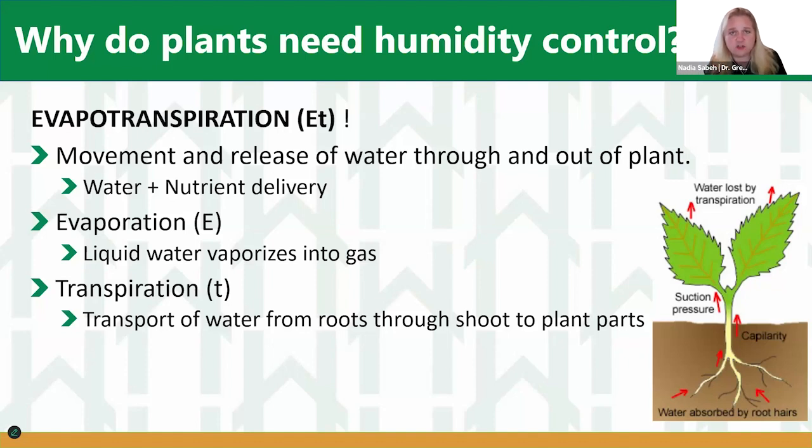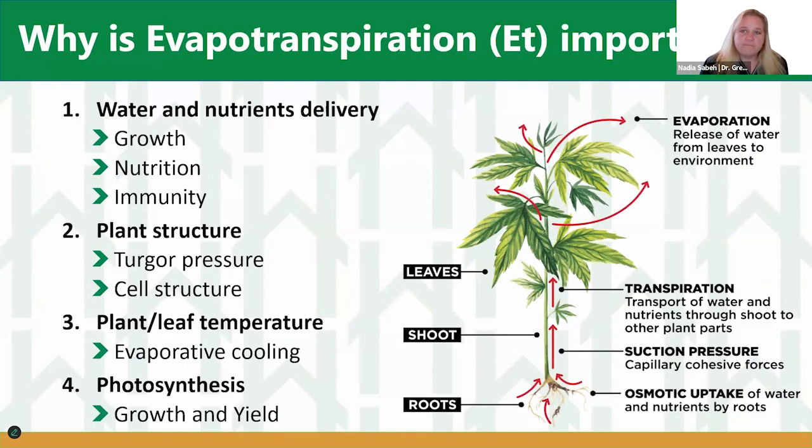The second word is transpiration. And this is the process that plants use to transport water from the roots through the shoot and to the various plant parts in order to distribute nutrients around to the plant.